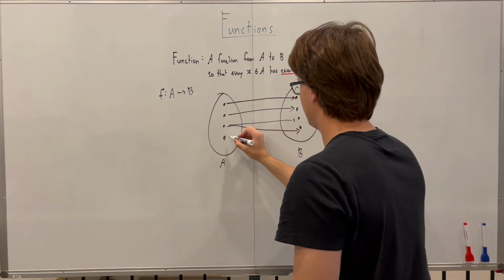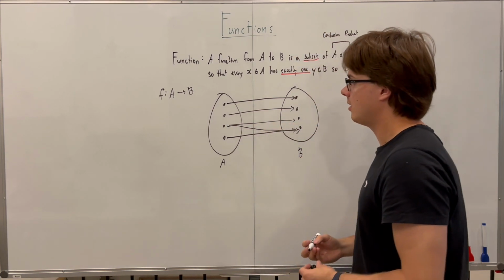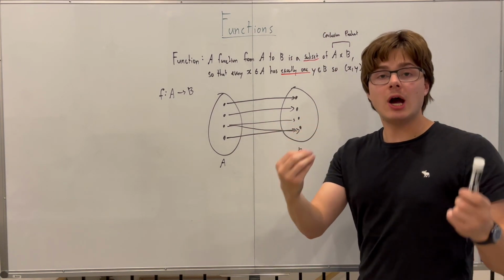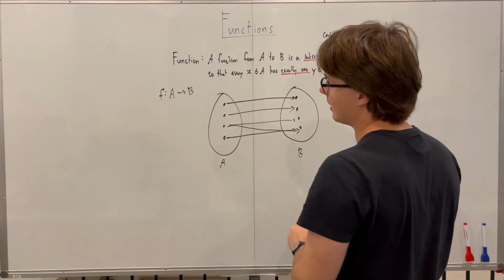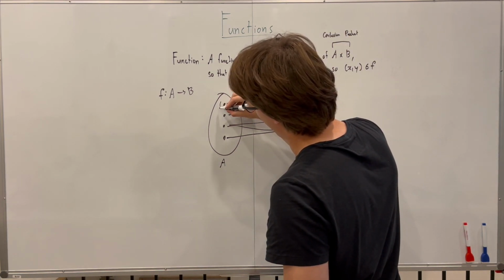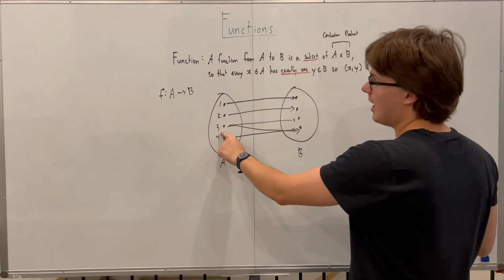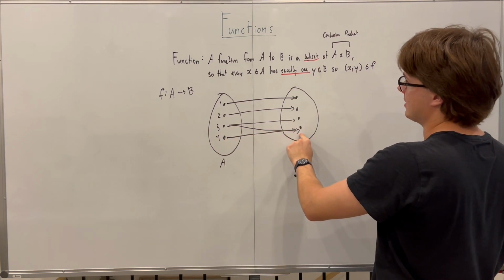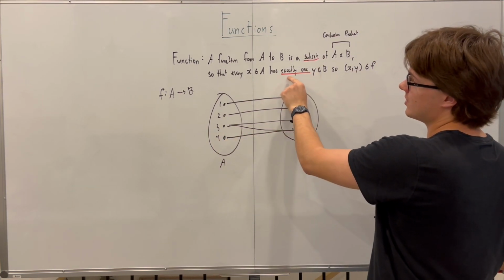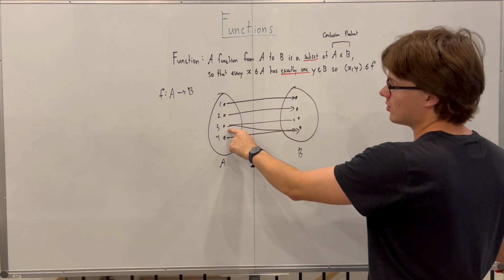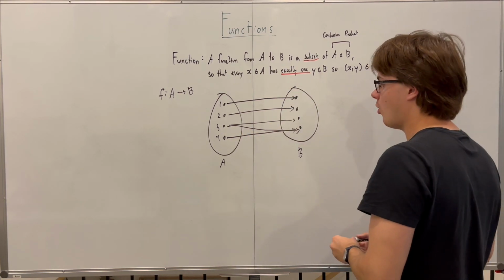If we, for example, had something like this, and then that would not be a function because this element here, let's say these are the numbers 1, 2, 3, and 4, we notice 3 has 2 elements in B, but our definition says that it can only have 1. So this is not a function. What else do we know?